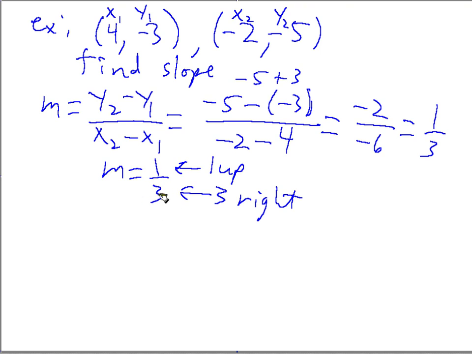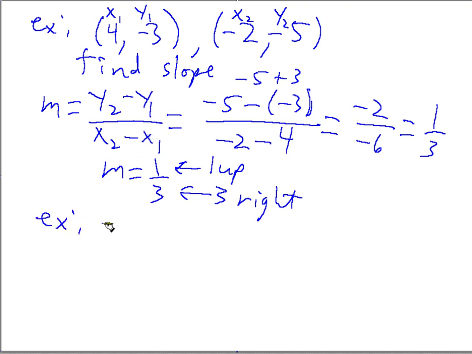The denominator is the horizontal change, the run. They're both positive. When the y is positive, you go up, and if the x is positive, you go to the right in the rectangular coordinate system. So in this case, I'm going to go 1 up and 3 to the right. We'll talk more about this when it comes to graphing. Don't worry about that. Right now, we're just finding the slope of the line that goes through these 2 points and applying this basic slope formula. So no big deal here.